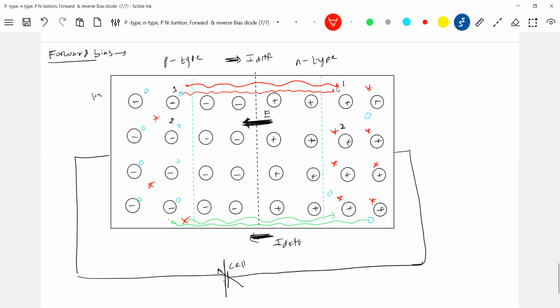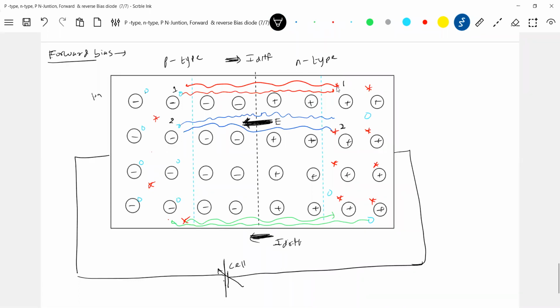Next, the ones which got support. This 2, what happened? It got support. Similarly, this one. I'm giving different colors so that it is easy for you to understand.